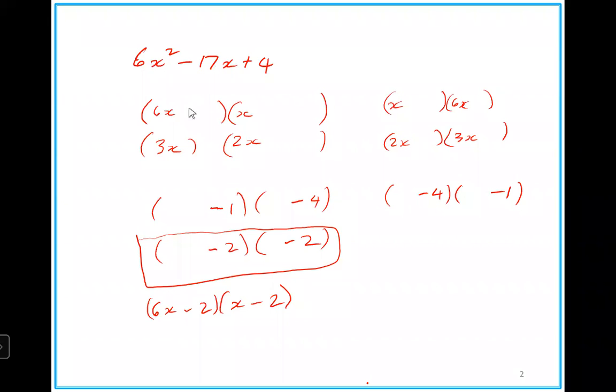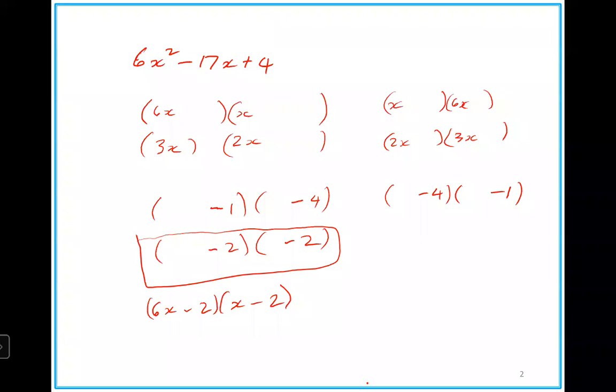We know for sure all of these combinations we have at top would give us the first term, and all of these that we have at the bottom will give us the last term. Now remember, this is a trinomial, and the trinomial has 3 terms. And so the first term, 6x squared, the possibilities are up top here. And the last or the third term, the possibilities at the bottom. But the middle term, we have to now try and figure out.